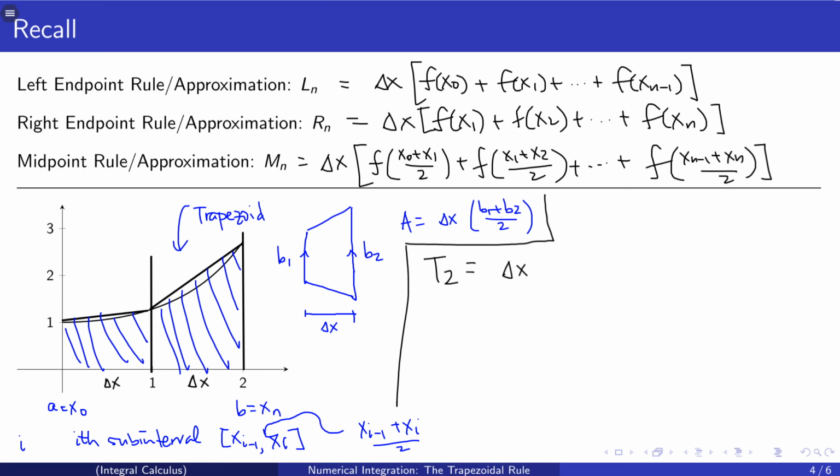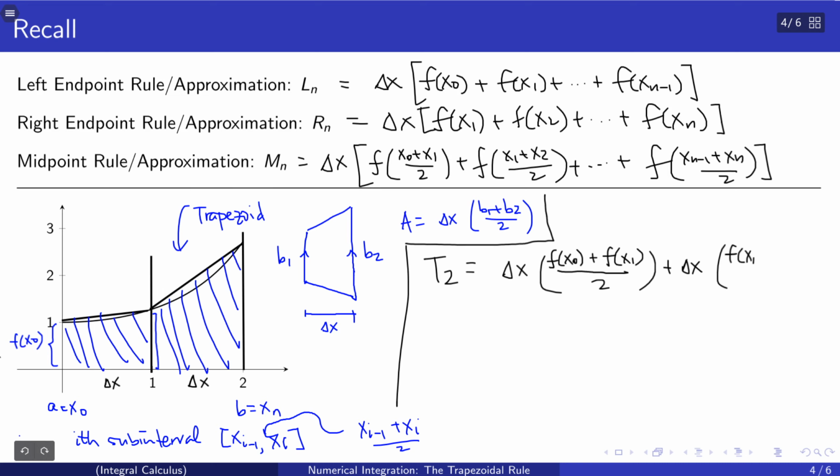And now I'm going to use the function value at the left endpoint and the function value at the right endpoint, and take the average and multiply by the width. So this f of x sub 0 is this height, and f of x sub 1 is this other height. And do the same thing for the second trapezoid, and you're done.